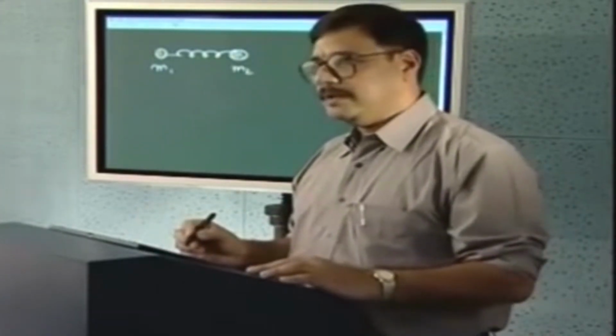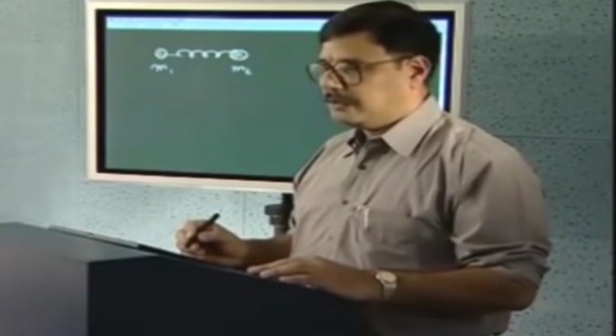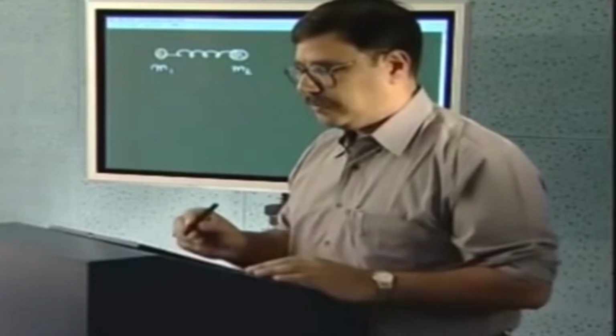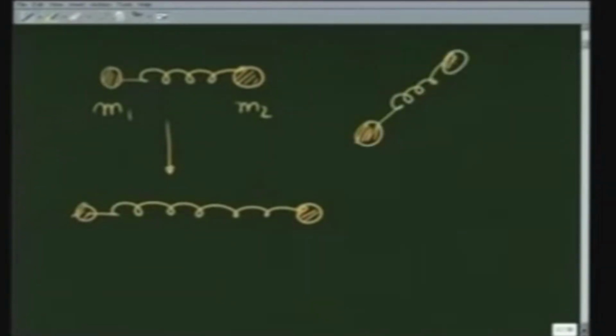You know from experience, if I apply a force on it, it can do 2 or 3 different things. For example, it could either stretch so that particles go farther apart, it can change its orientation, or can do both.